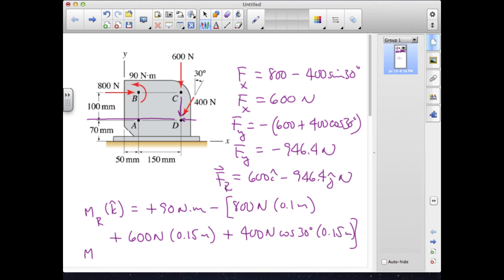We add all that together and we get, for the resultant moment, a minus 132 K Newton meter moment, or we could say that the resultant moment is 132 Newton meters in the clockwise direction.